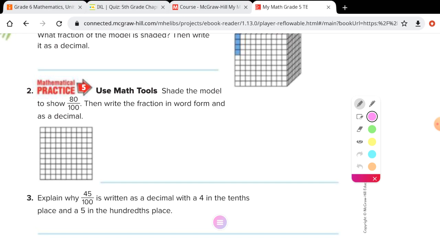So we just count over 1, 2, 3, 4, 5, 6, 7, 8. I'm going to kind of shade up. Okay, so I need to shade in all of those. So I have 2 rows left unshaded. I'm going to get a bigger one. And then you don't have to be perfect, just shade in.